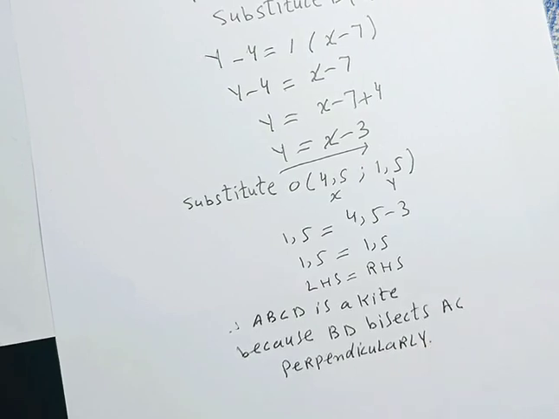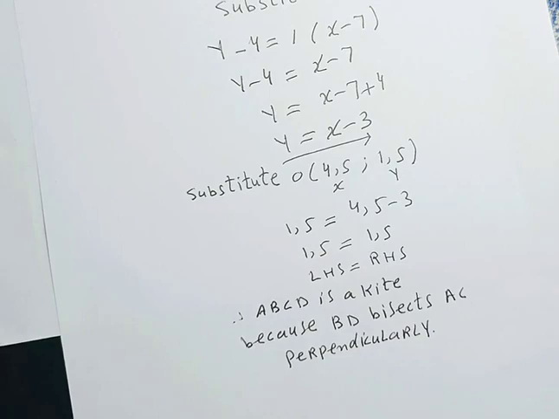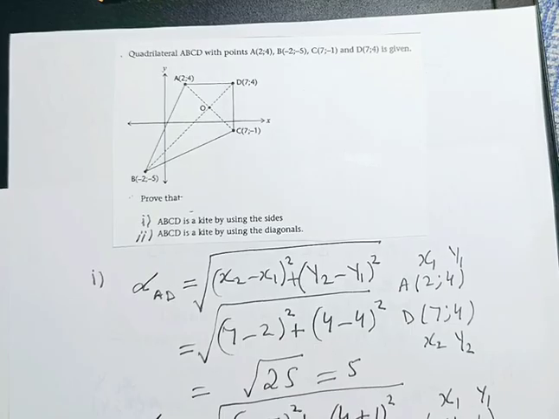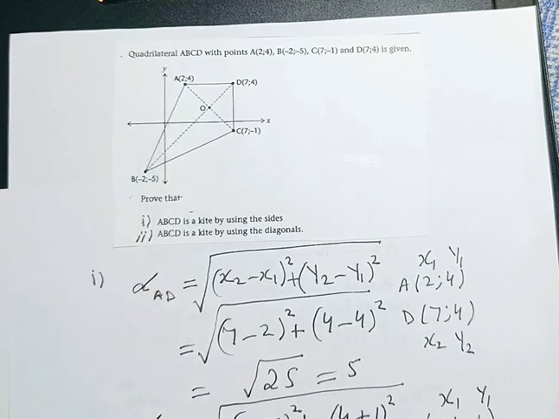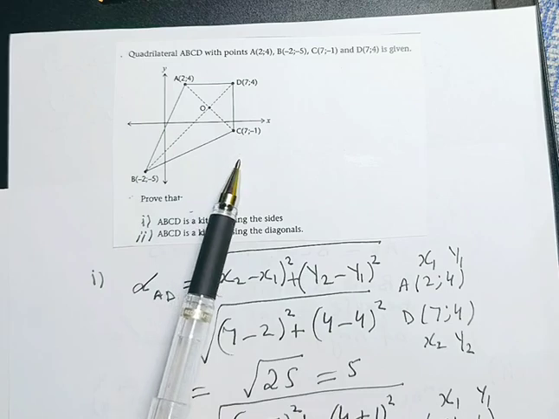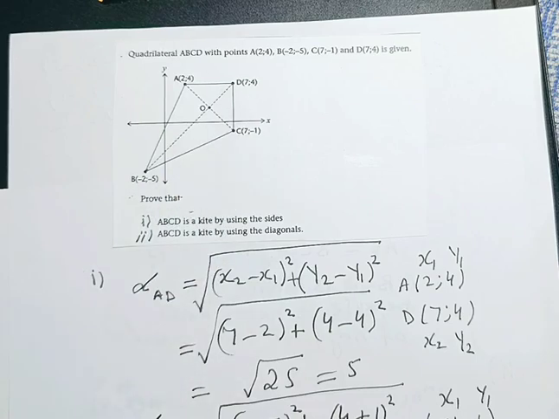So we prove this one. Just to quickly recap: we take the gradient of AC and the gradient of BD, and we multiply, and the answer is equal to negative 1, because we need to prove that both diagonals bisect each other at 90 degrees, perpendicular.